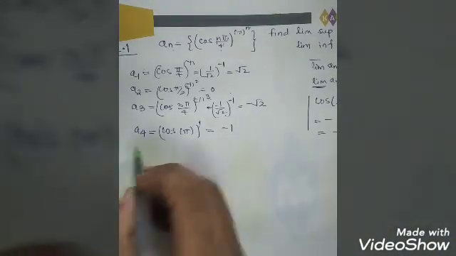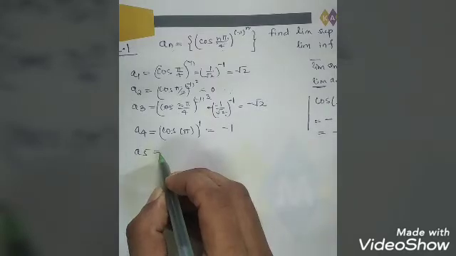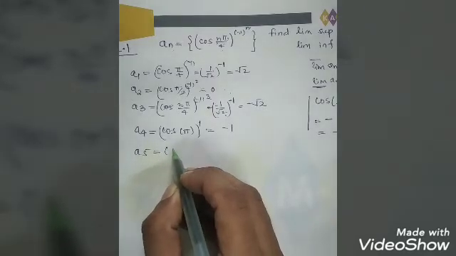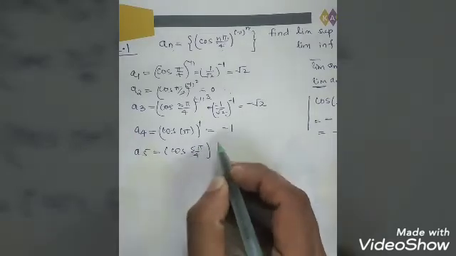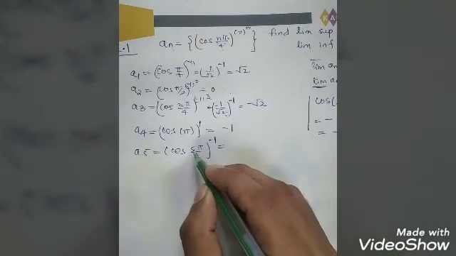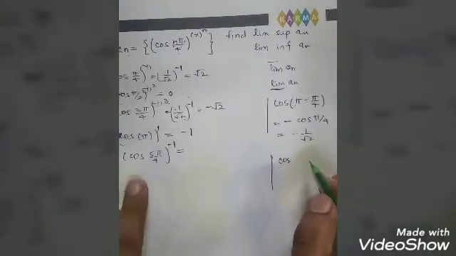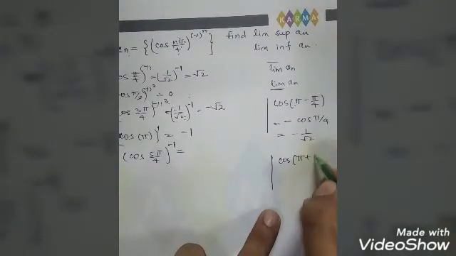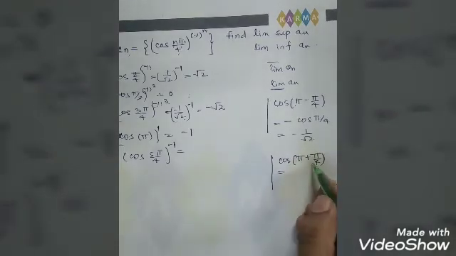Let's look at the fifth term also. a5 is cos(5π/4) raised to (−1)^5, which is negative. Cos 5π/4 is cos(π + π/4).